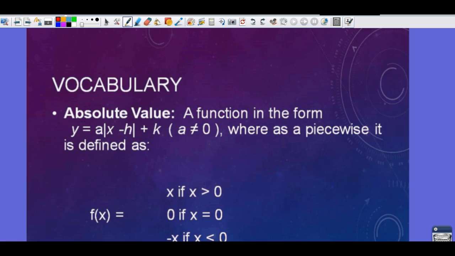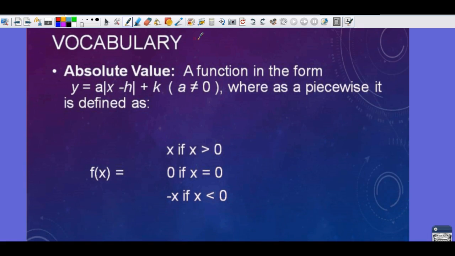The reason we learn absolute value graphs after piecewise is because absolute values are actually piecewise functions.